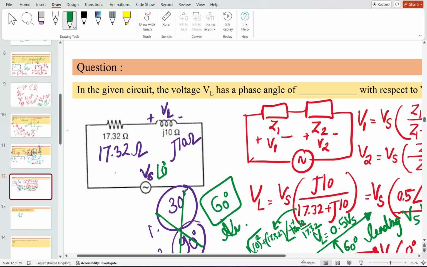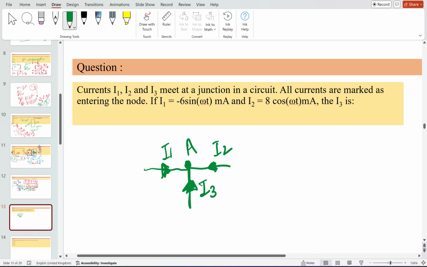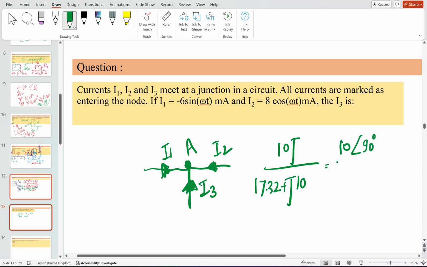Suppose this is 10j divided by 17.32 plus j10. The numerator is simply 10 angle 90 degree. And here what is the magnitude? It will be simply root of 10 square plus 17.32 square.